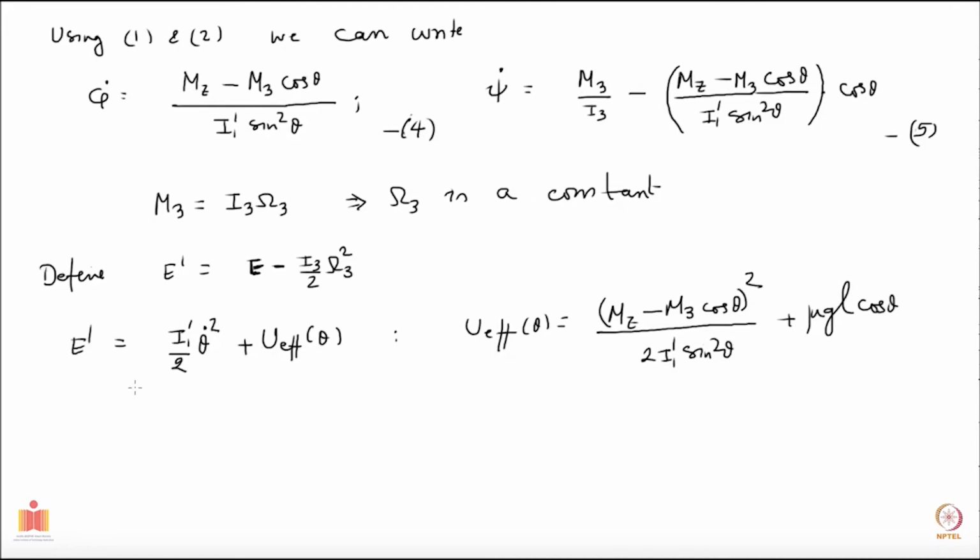So instead of r, you have theta here. But as far as the mathematics is concerned and other logic is concerned, it's the same. There is no difference. So we can do what we did there. So we are happy we have a one-dimensional problem as far as the theta variable is concerned.